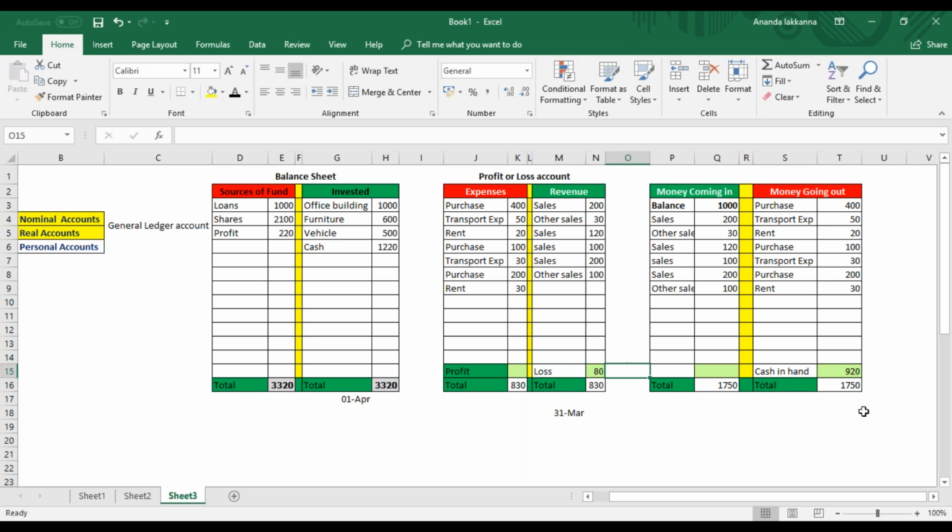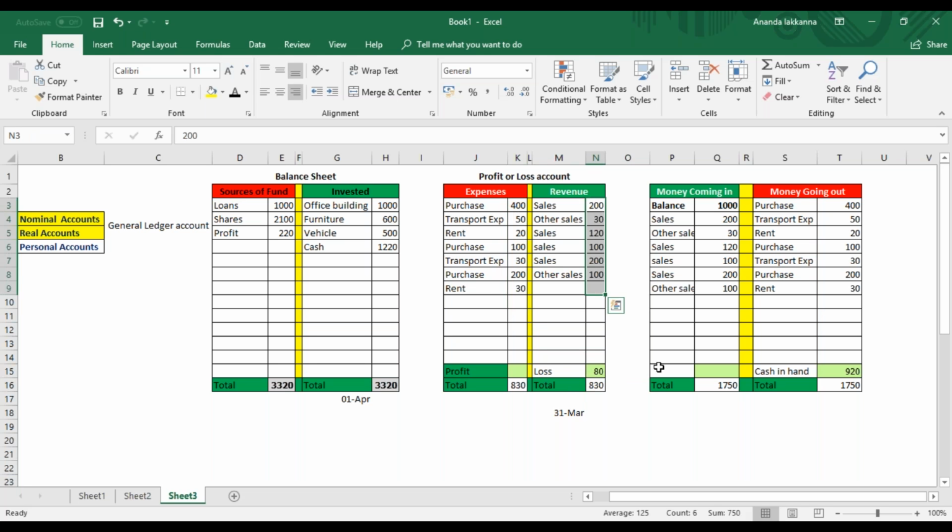See here, it's changed automatically because I put in some simple formulas. 80 rupees is a loss because over the whole year I spent 830 rupees and I got 750 rupees.